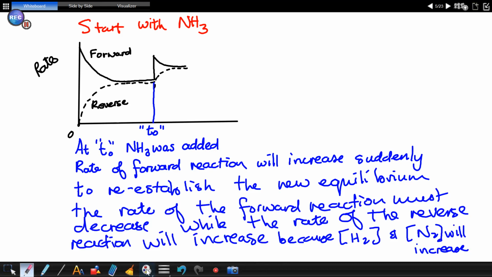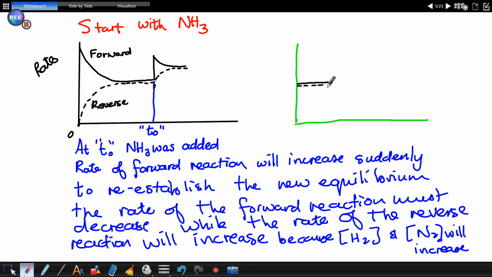Even if you try in pencil, you can try from the equilibrium state. We can try it from the place where the forward reaction and the reverse reaction are in equilibrium.